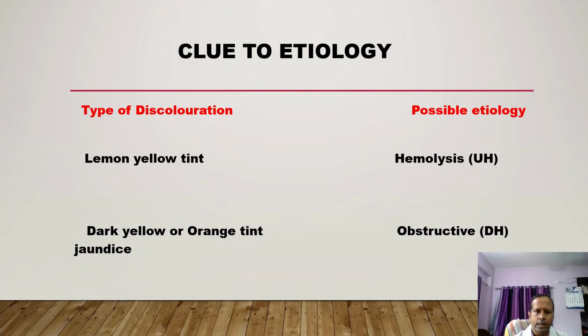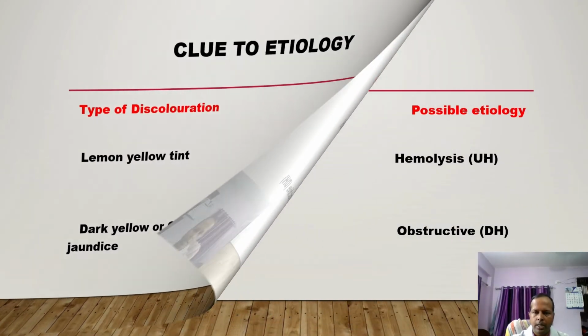And if the discoloration is dark yellow or orange tint, then the possible etiology is of obstructive type, that is direct hyperbilirubinemia. So what is direct hyperbilirubinemia? If the percentage of conjugated bilirubin is more than 20% of the total serum bilirubin level, we call it direct hyperbilirubinemia.